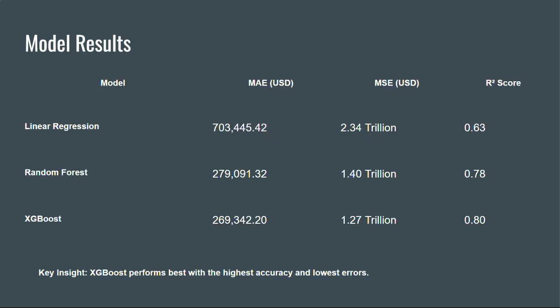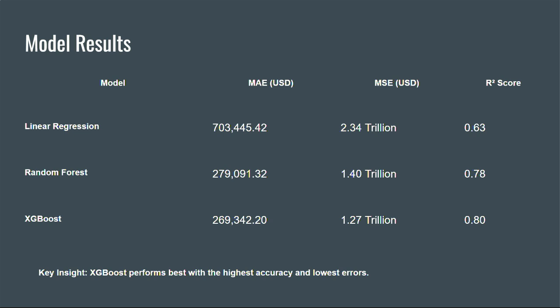So moving on, these are the results I ended up with. Linear regression had the lowest R squared score at 0.63 with an MAE of $703,445, which was not too good. Random forest performed better with an R squared score of 0.78 and an MAE of 279,091.